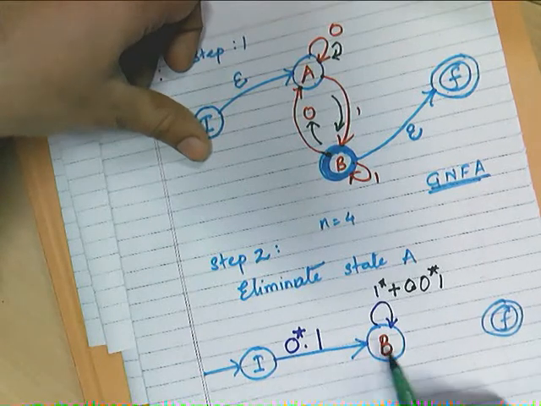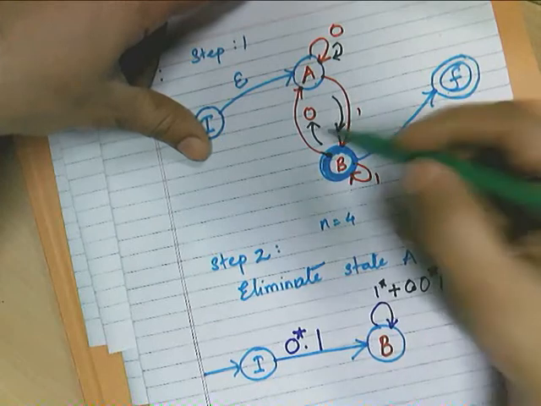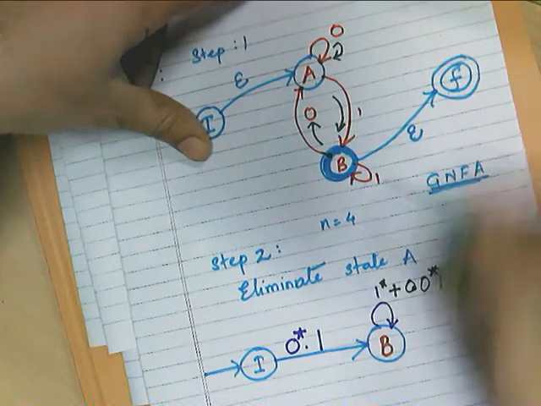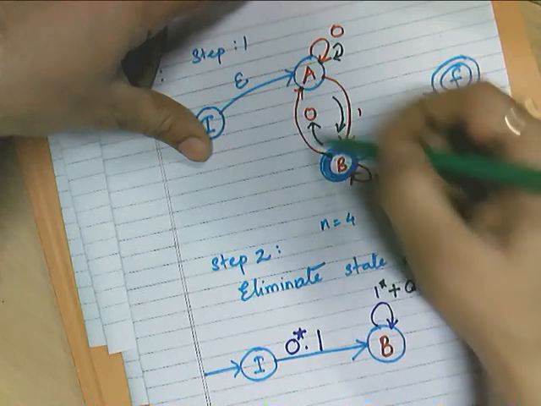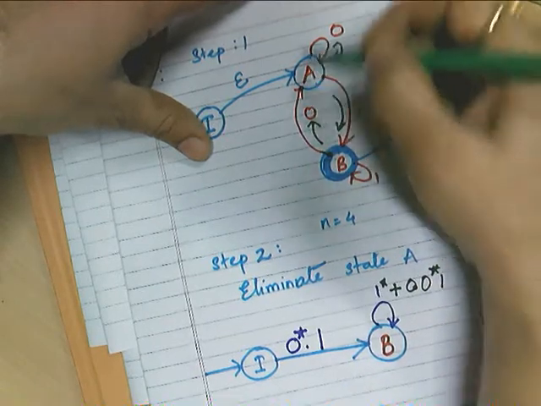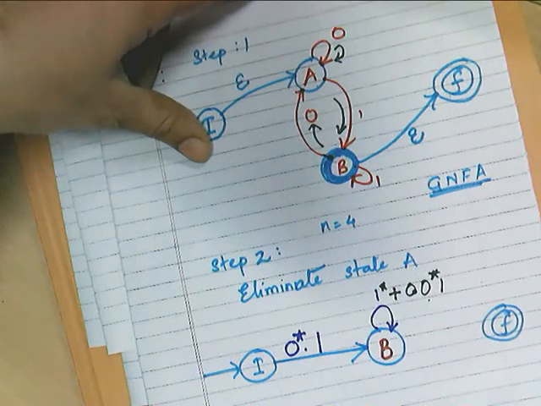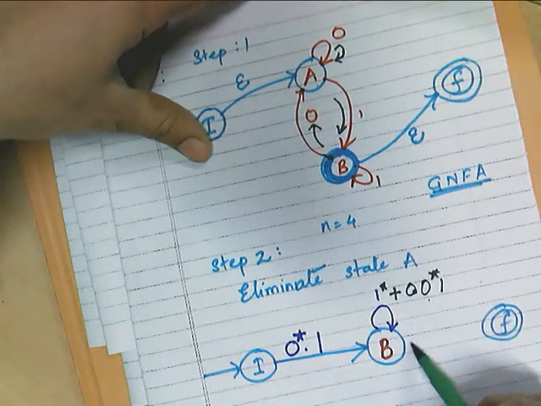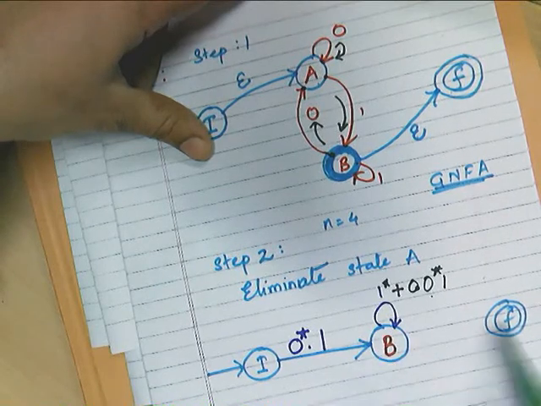Okay, so I can reach this B either by itself with the 1 star, or I can reach this B through A, like 0 dot 0 star dot 1. And then how can I reach from B to the final state?